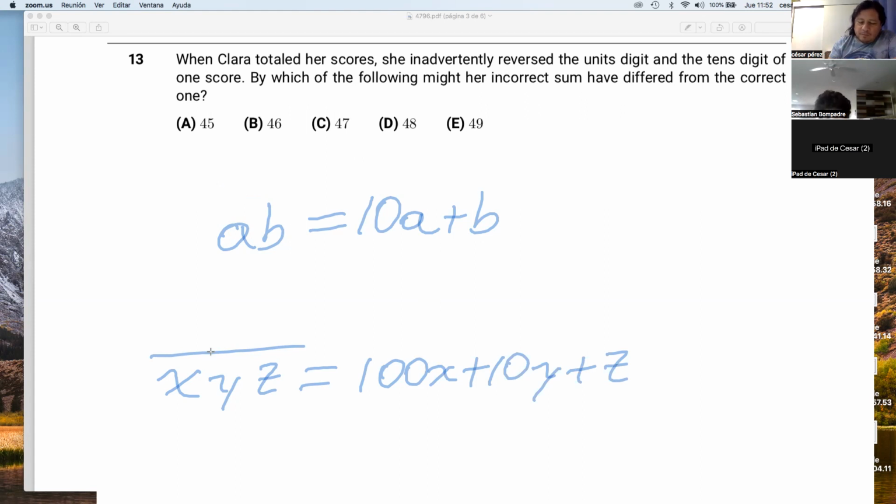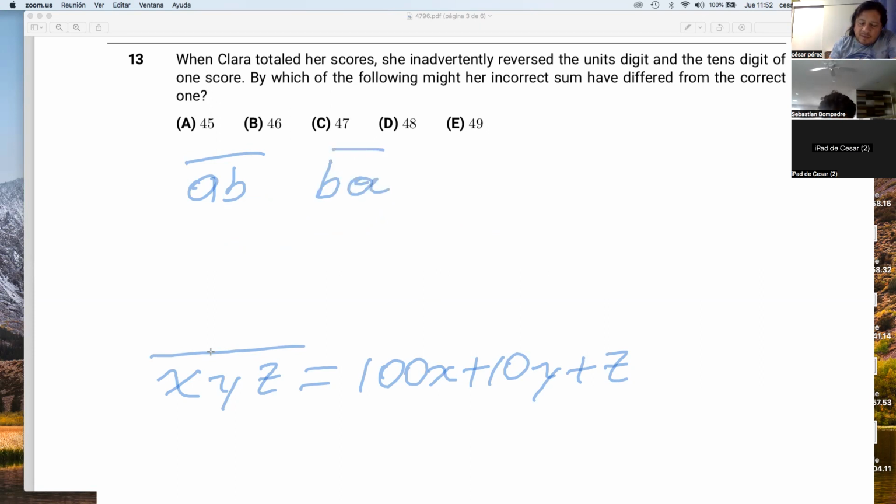Well, we are going to write this. Then Clara wanted to write this, but she wrote this. And we're going to find the difference between those numbers.